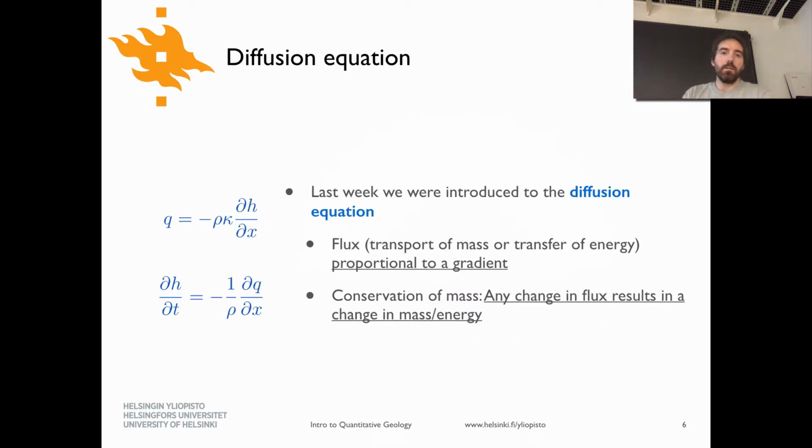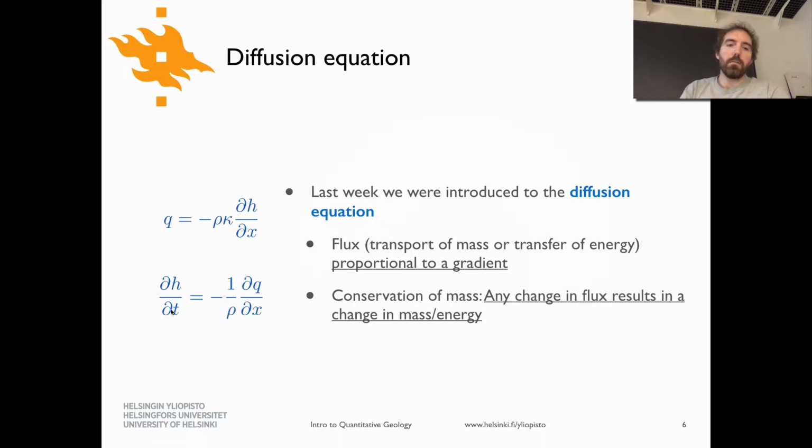And again, it'll get a little bit more clear. We can just start with a general comparison to the diffusion equation. We saw this last week, and these were the two pieces that I just mentioned. One about this flux being proportional to some kind of gradient. We looked at this in terms of these hill slope shapes, these nice curved, diffusive hill slopes, where the flux of mass was proportional to the gradient of the surface.